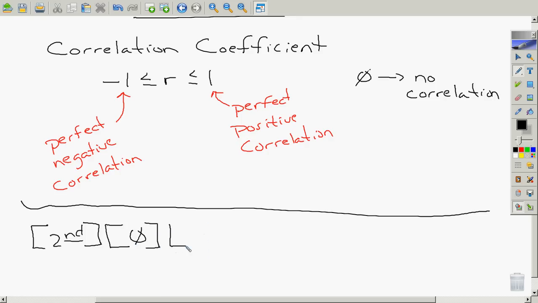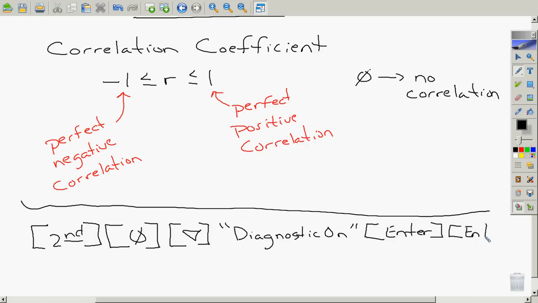Then you need to arrow down until you see the words diagnostics on. When you have that highlighted, you'll hit enter, and then you'll hit enter again.